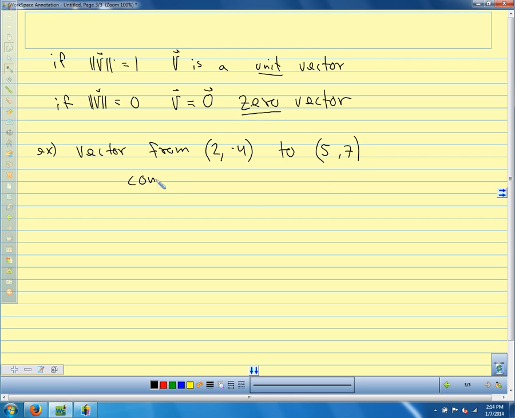We want the component form and the magnitude. So we'll figure out the component form and the magnitude, and then we'll write it down.